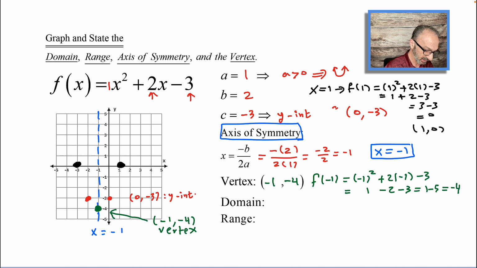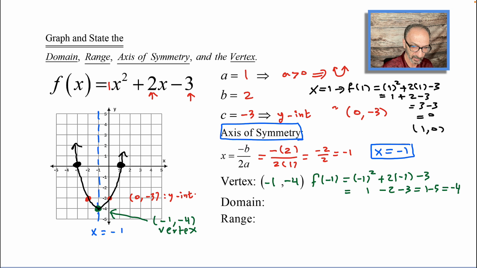If you plug in -3, you'll end up with 0. Now let's graph it. So the graph is going to look like this. Symmetric about the axis of symmetry, and opens up, goes through the y-intercept -3.